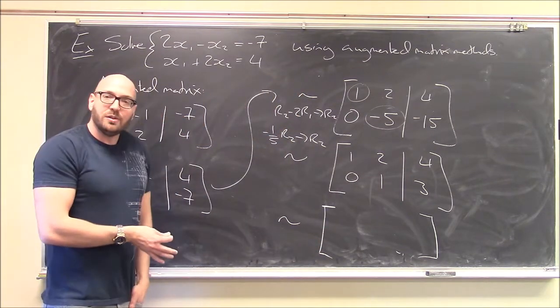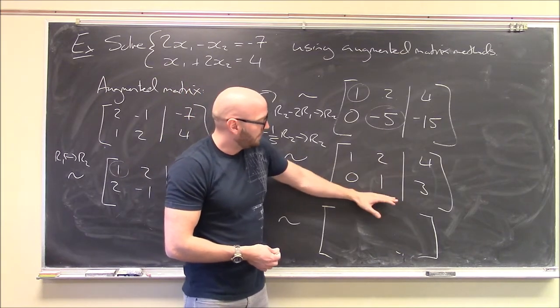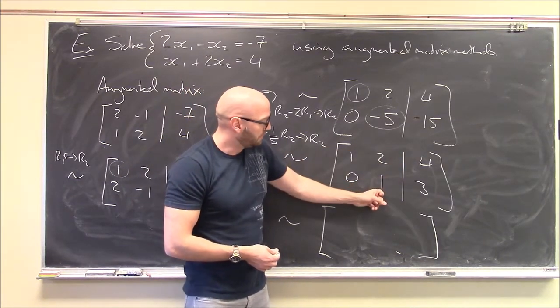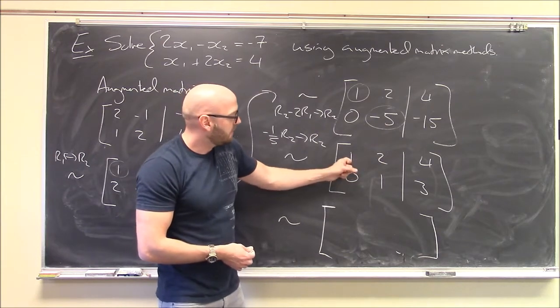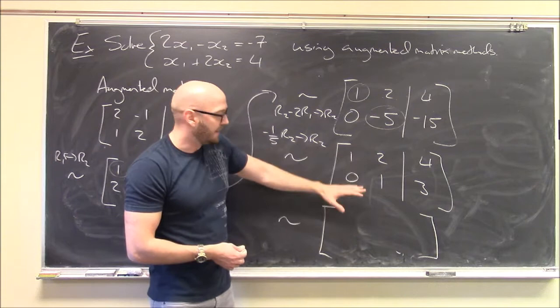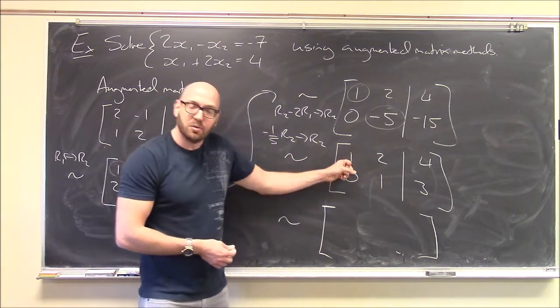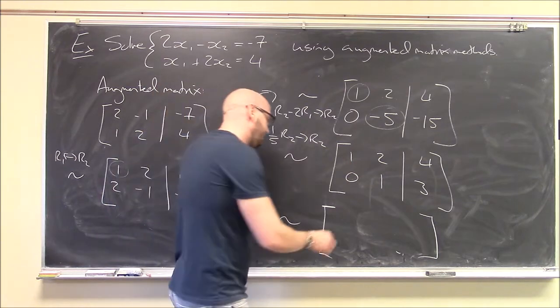And the reason I can do this now, and the reason I had to put a 0 here first, is because when I subtract appropriate multiples of row 2, I have a 0 right here that's not going to mess with this 1. It's not going to change it. So that 1 is fixed, and no adding of row 2 to row 1 will ever change the fact that this is a 1. So that will stay forever.